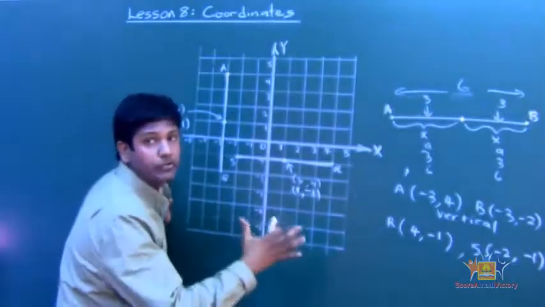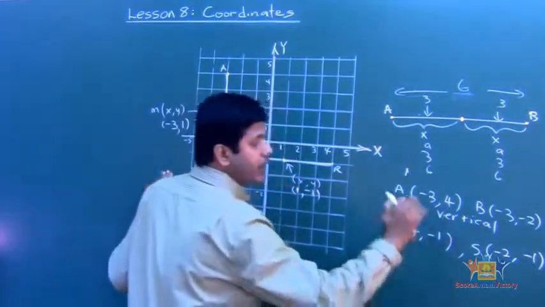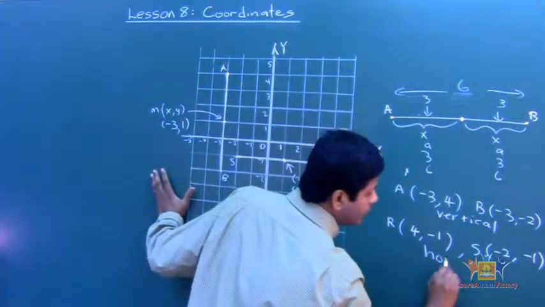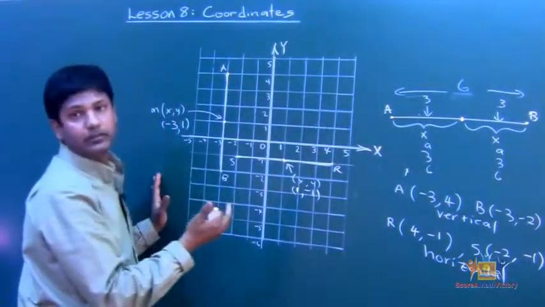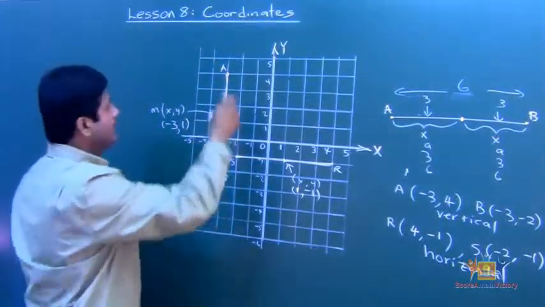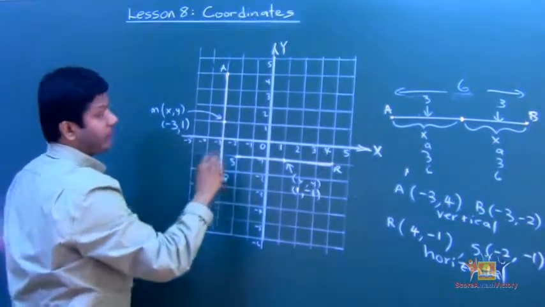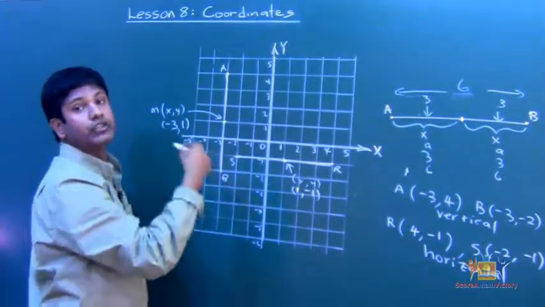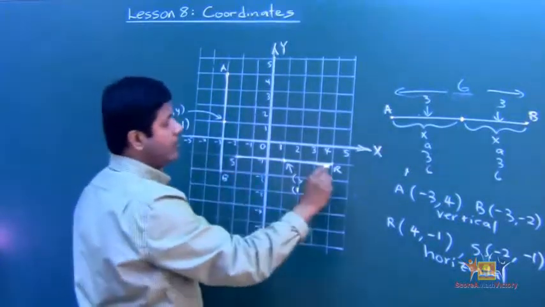This method only applies when you have a vertical or a horizontal line. For a vertical line, you take the length by counting the units, 1, 2, 3, 4, 5, 6, and divide by 2, which gives you 3, and you count 1, 2, 3. That's your center.